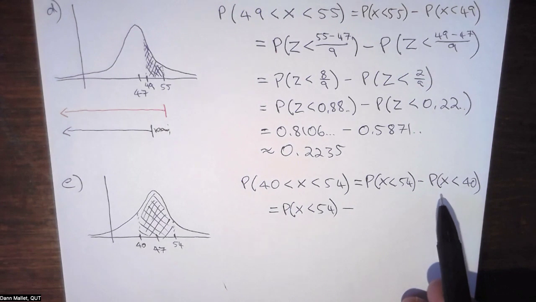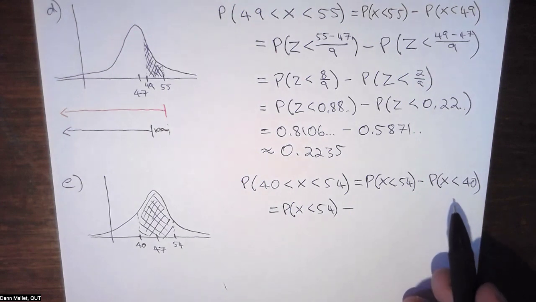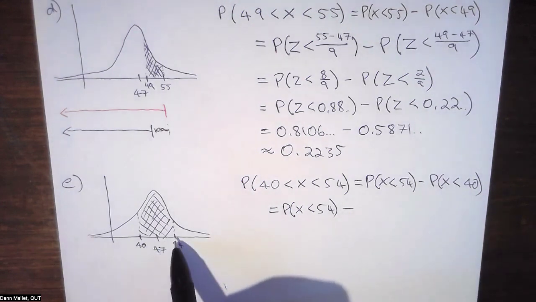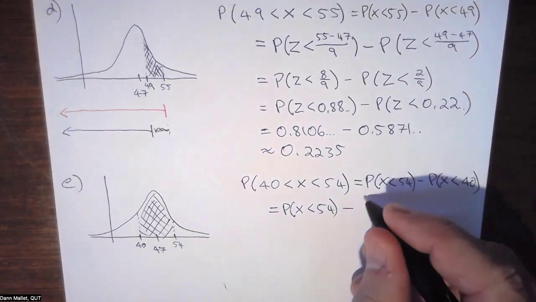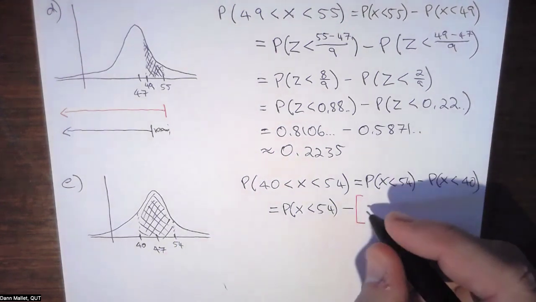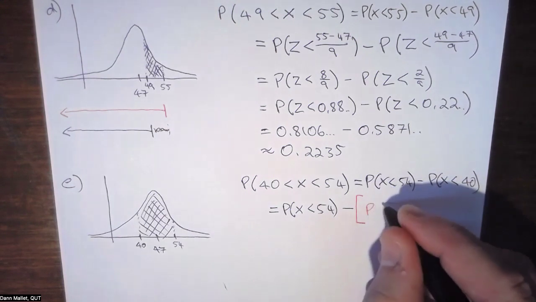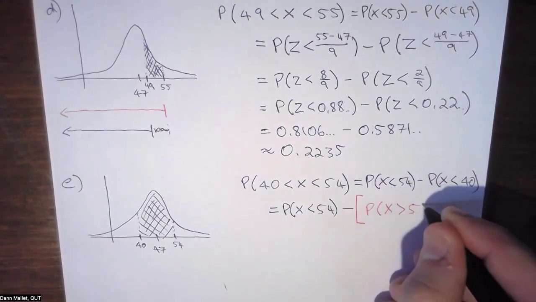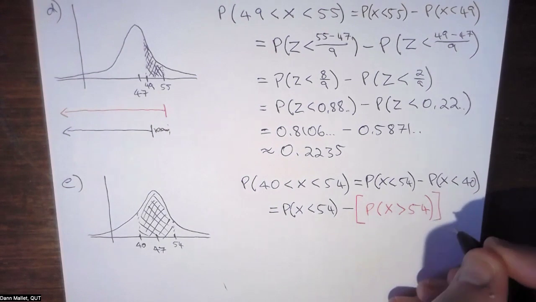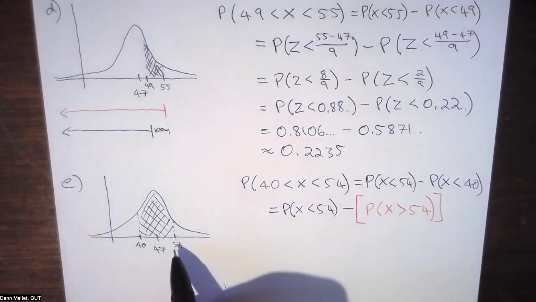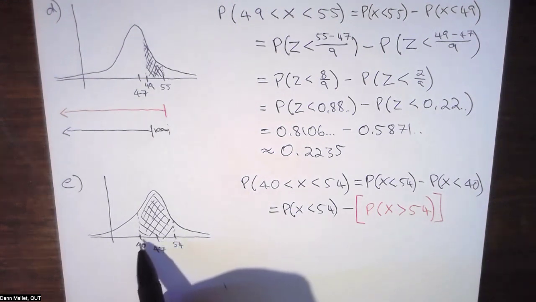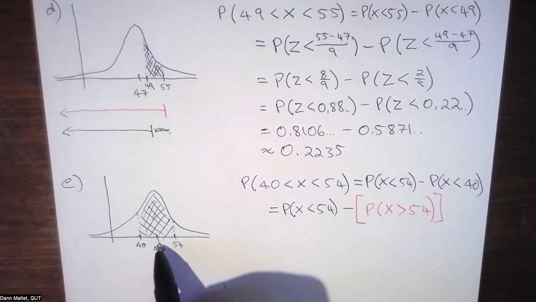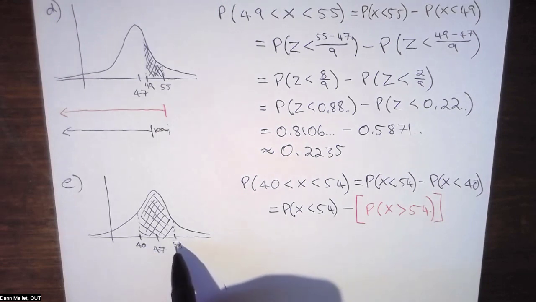Now in part C, we needed to change that to a problem on the other side of the mean. And what we did was we rewrote this as the probability that X is greater than 54. Now that's not because 54 is mentioned in this particular part of the question. It's because 54 is the number on the other side of the mean, which is exactly the same distance away as 40. 7 below, 7 above.